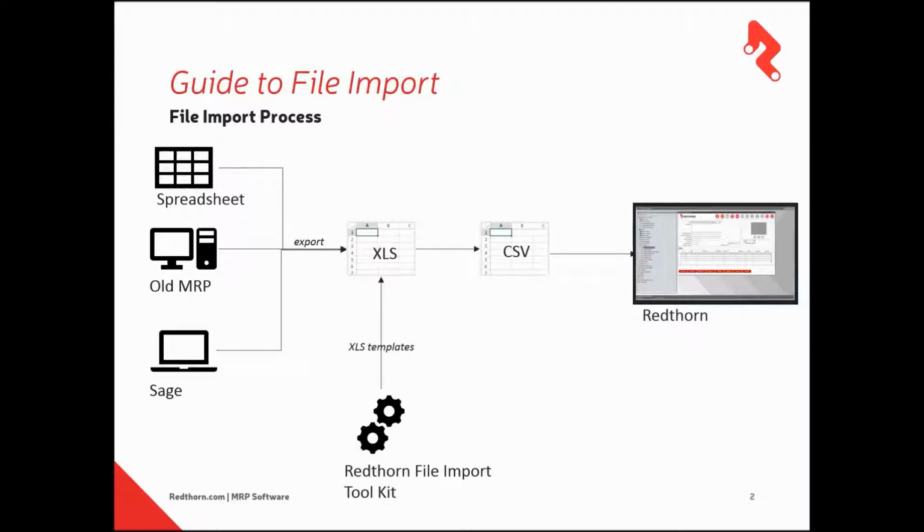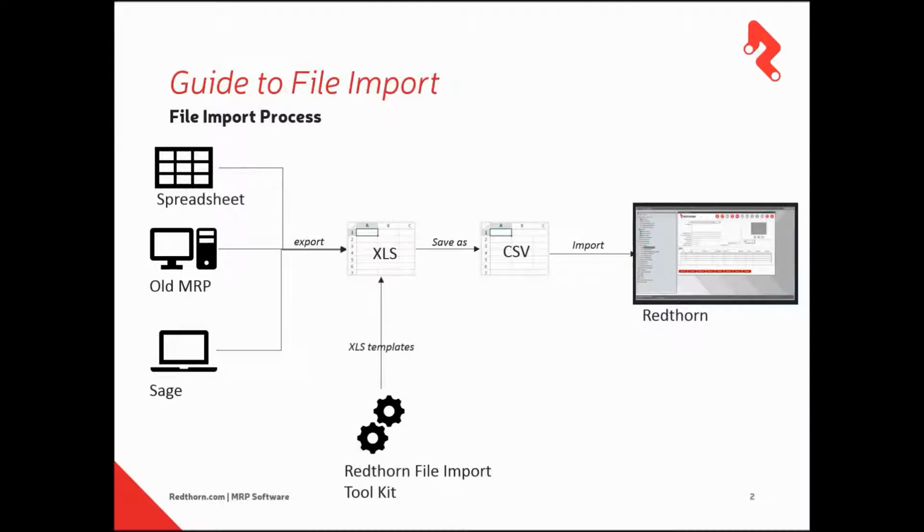Once you have the data into the templates downloaded, and there's a template for each area of the system, or each static data set I should say, you then save those in Excel and then you essentially save them as CSV files. And once they're saved as CSV files, you can then import them into the Redthorn system, and then review the data in the Redthorn system.